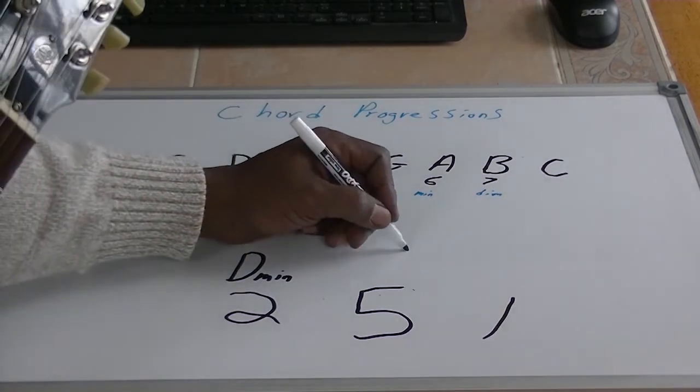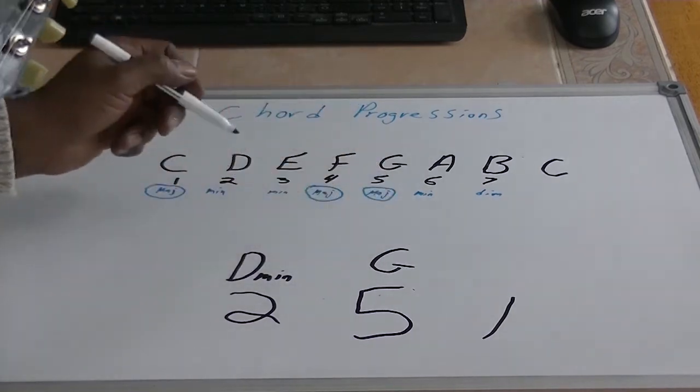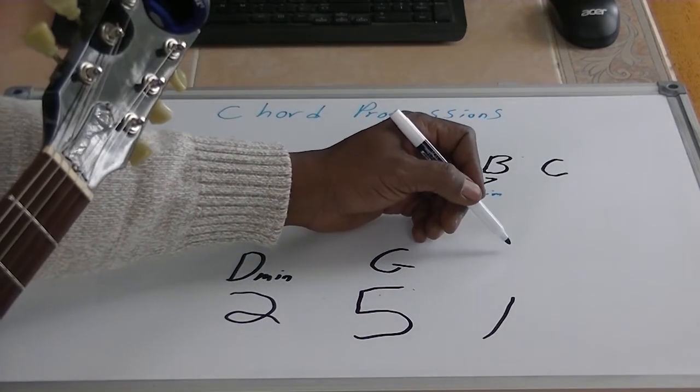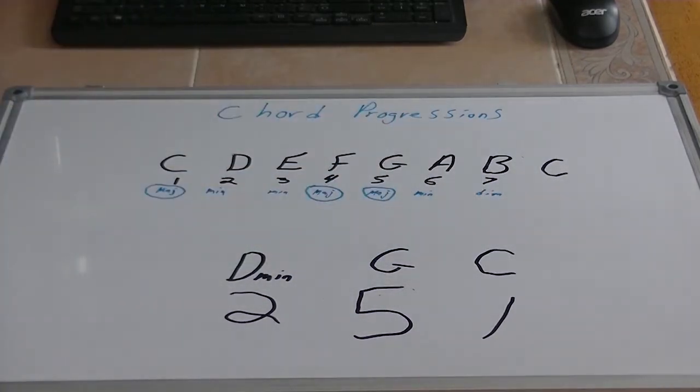And we have the 5 chord, which is the G, and the 1 chord, which is the C. So when I play these 3 chords together, I get D minor, G, and C major. Now this progression is not one that's really made to have the notes or the chords order changed around.